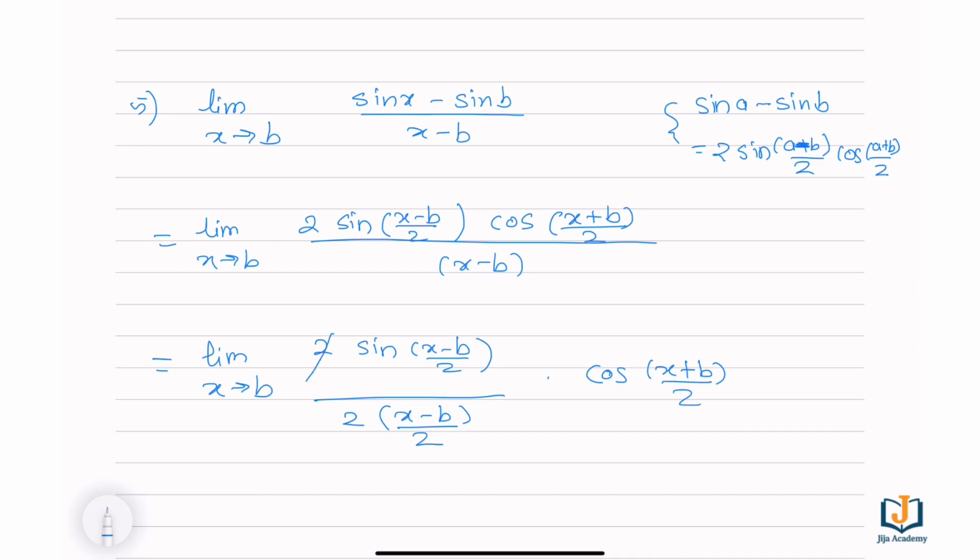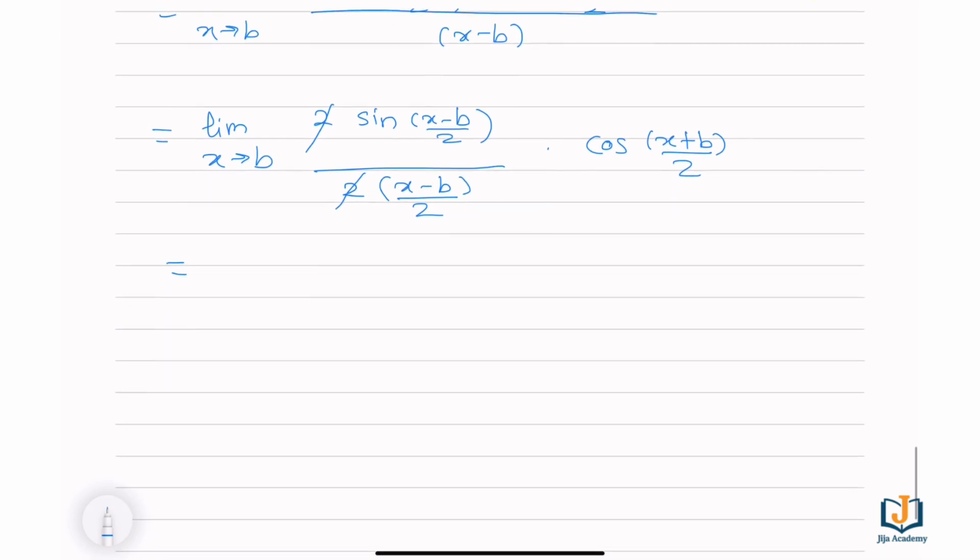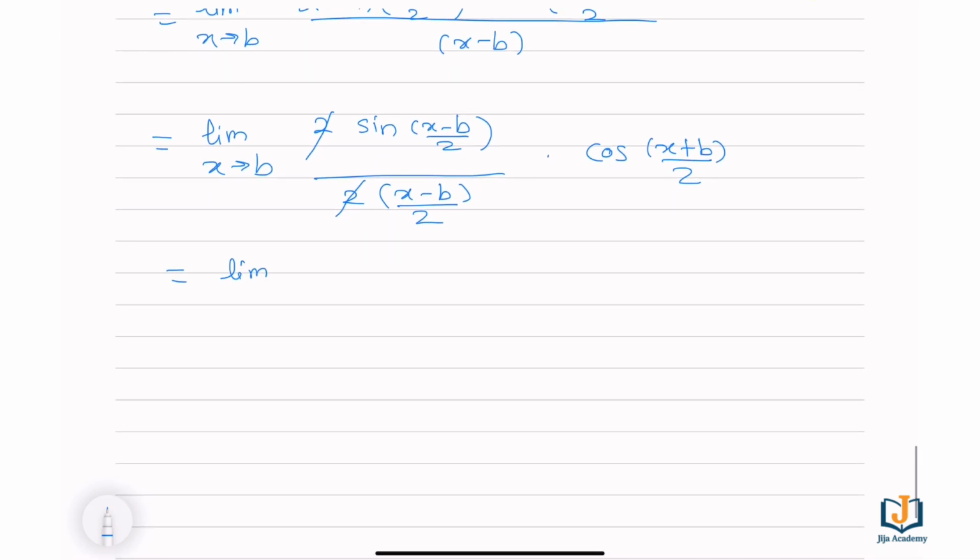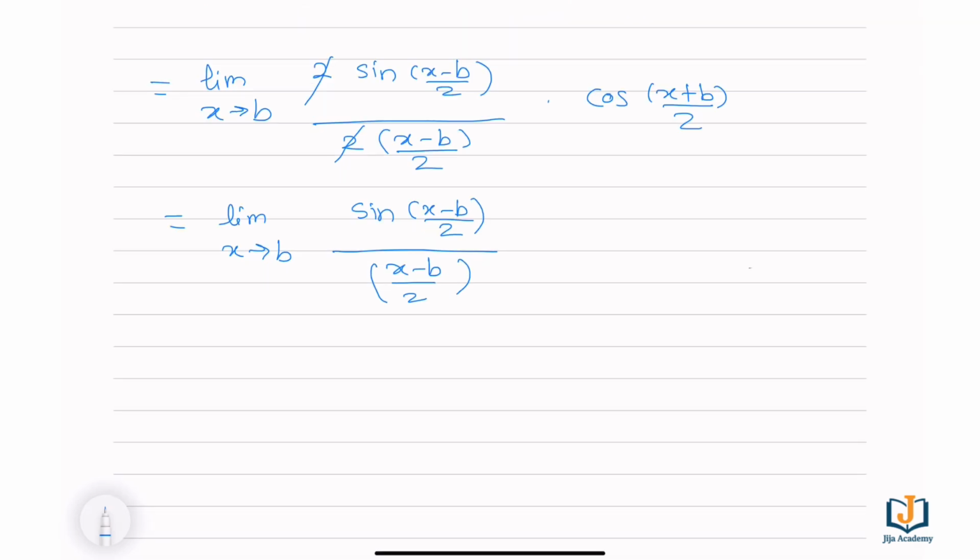So here we get the limit as x tends to b of sin of x minus b divided by 2 over x minus b divided by 2, into the limit as x tends to b of cos of x plus b divided by 2.